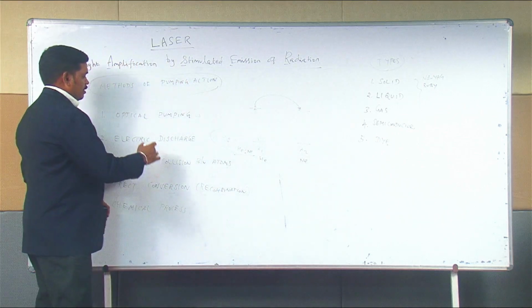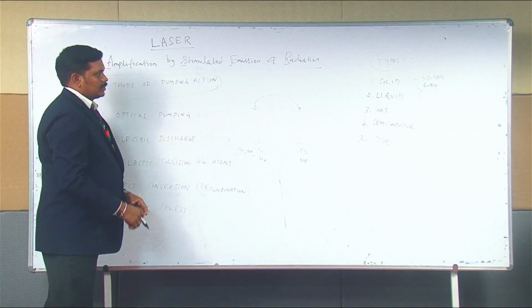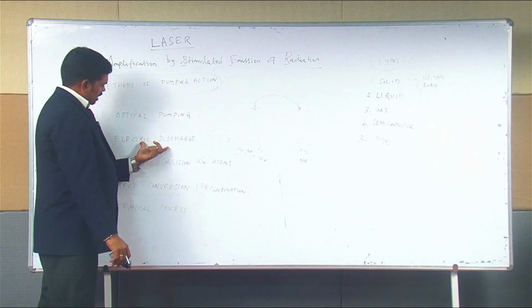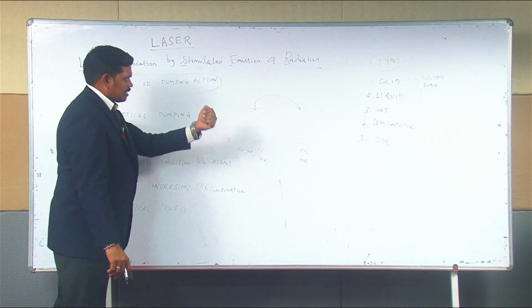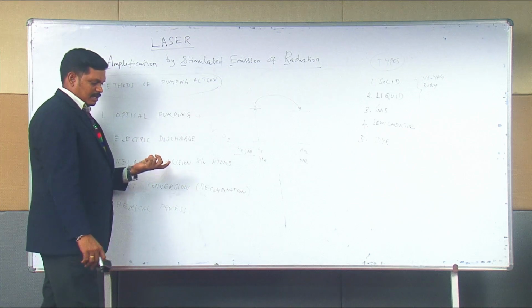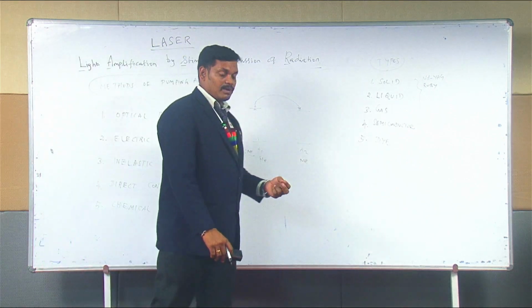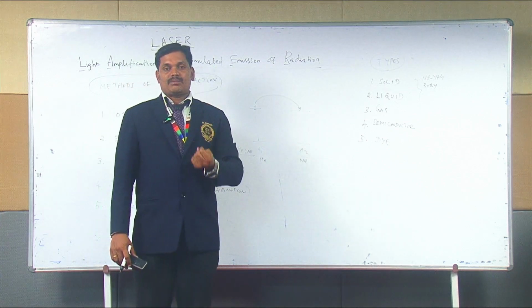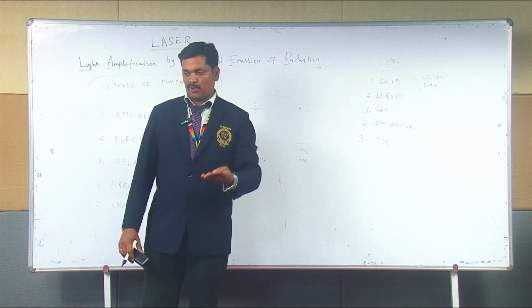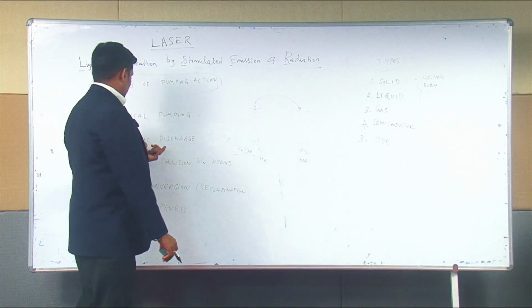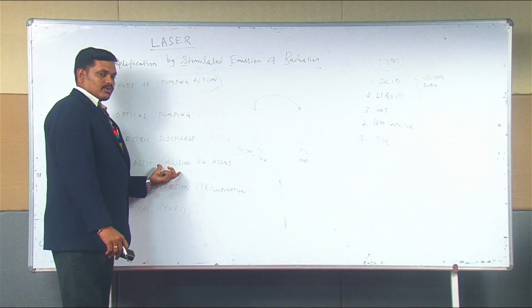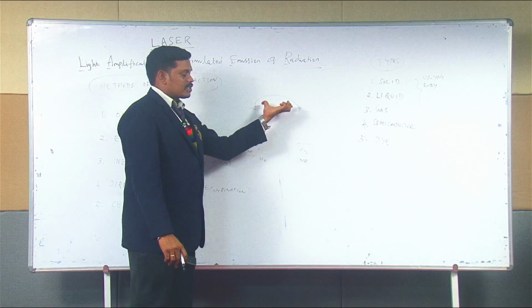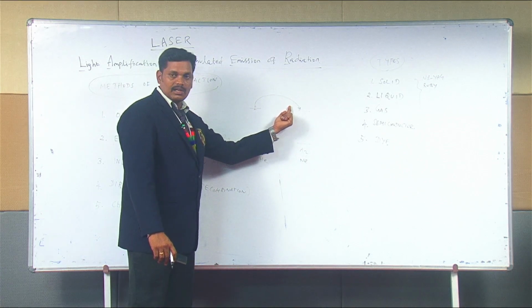So let me repeat again. For solid lasers, optical pumping plays a very important role. Electric discharge is used in gas lasers as well as in solid lasers. Simply we can understand that in the electric discharge, by providing an electric field, you can excite the atoms or molecules and achieve population inversion.